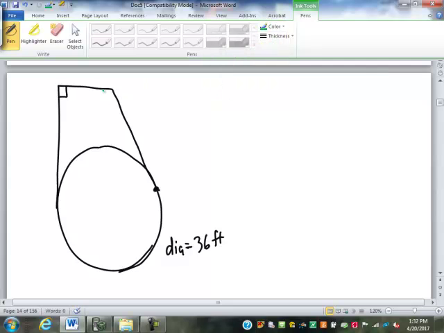They want this angle here to be 120 degrees. And they want this side out here to be 12 feet.